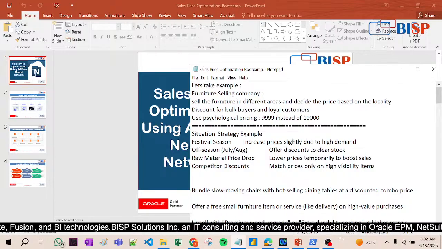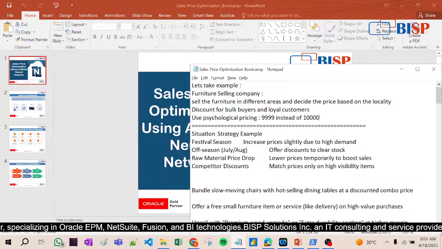For example, if you have bulk buyers, you can put a discount on that pricing, and if there are only one-time customers, you can put the pricing in such a way that instead of writing 10,000, make it 9,999.